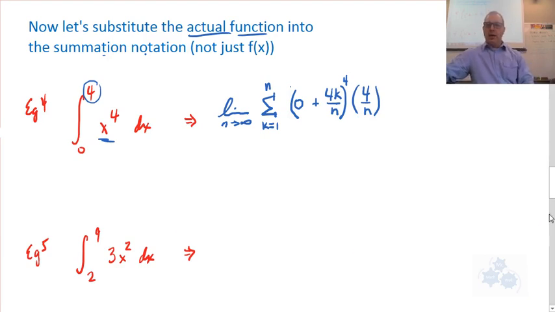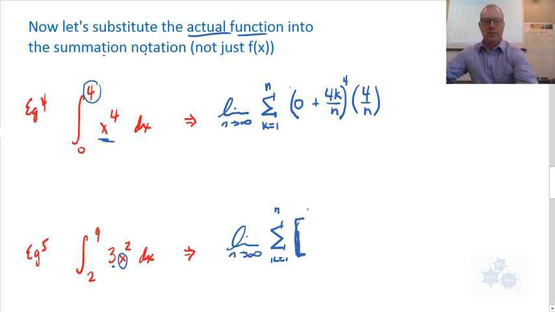Okay, so this one, example 5 here now. Limit as n approaches infinity of the sum, k equals 1 to n. All right, so let's examine this here now. The input is over here, the x. So we're going to have, and there we go, I'll use my square brackets now. So we're going to have 3. Now, what are we going to put in for the input variable?